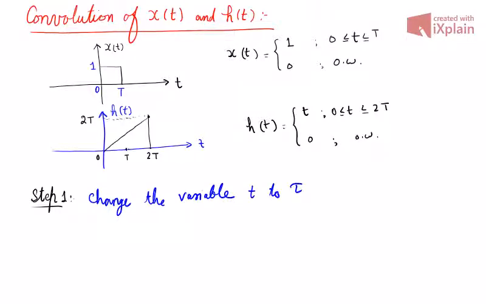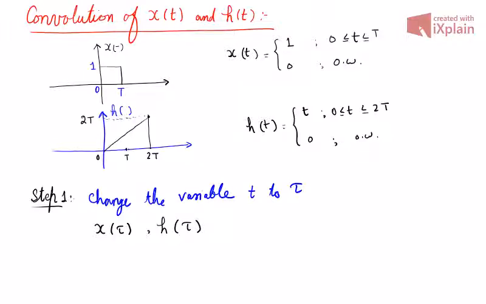So if we change the variable, we will have x of tau and h of tau. Basically, changing the variable is just replacing t by tau, and it does not change the shape or the range of these signals. So I will just change it over here. Instead of t, I will write tau.